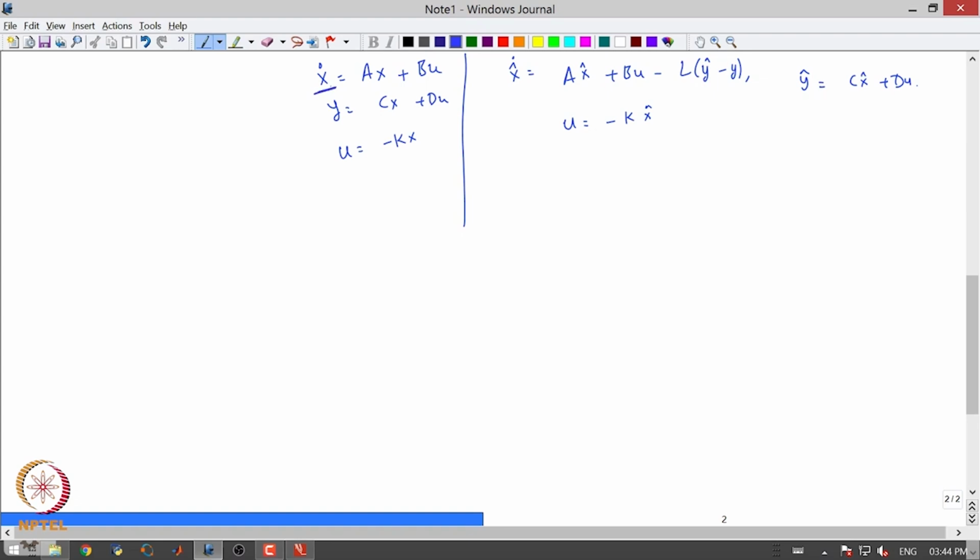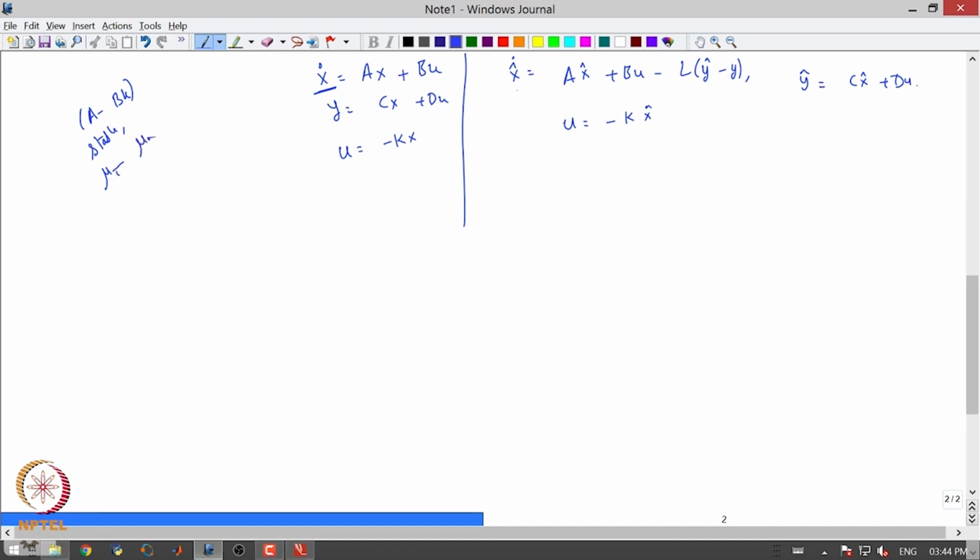One is the dynamics evolving in x, which should be such that the matrix A minus Bk should either be stable or should have eigenvalues at some locations mu 1 till mu n. Okay.